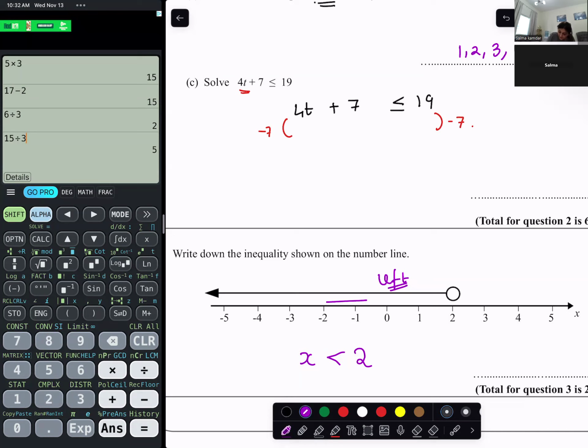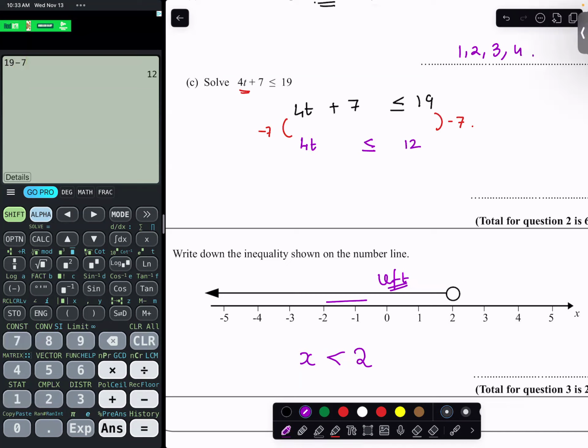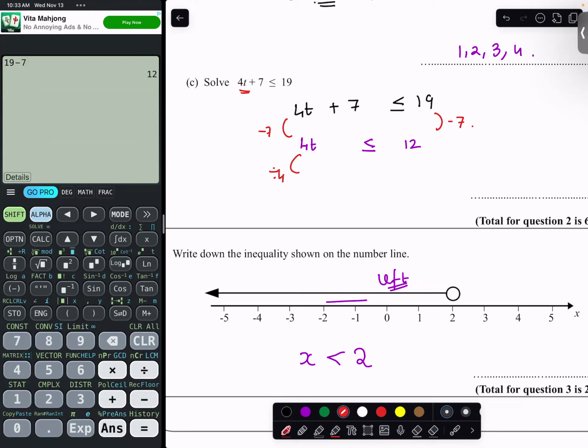So I will get 4t is less than or equal to 12. Then what will I do? Divide by 4. So I will get t is less than or equal to 3.